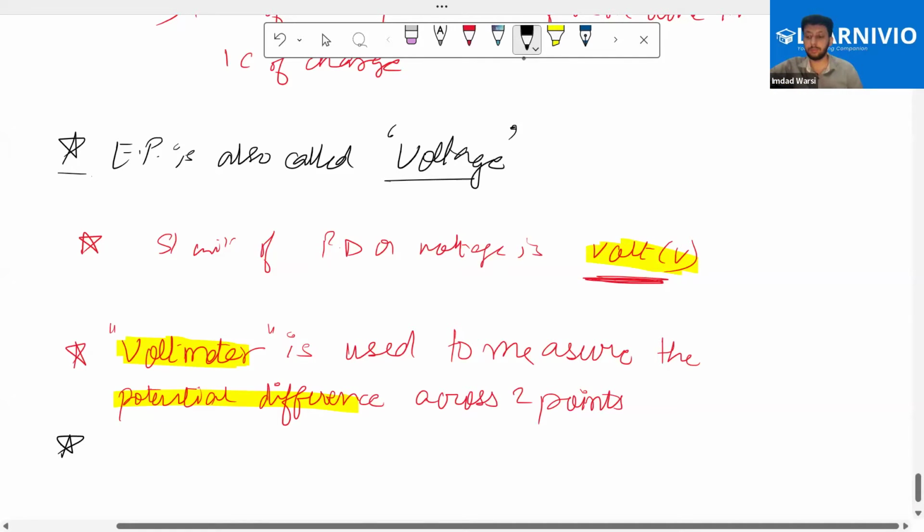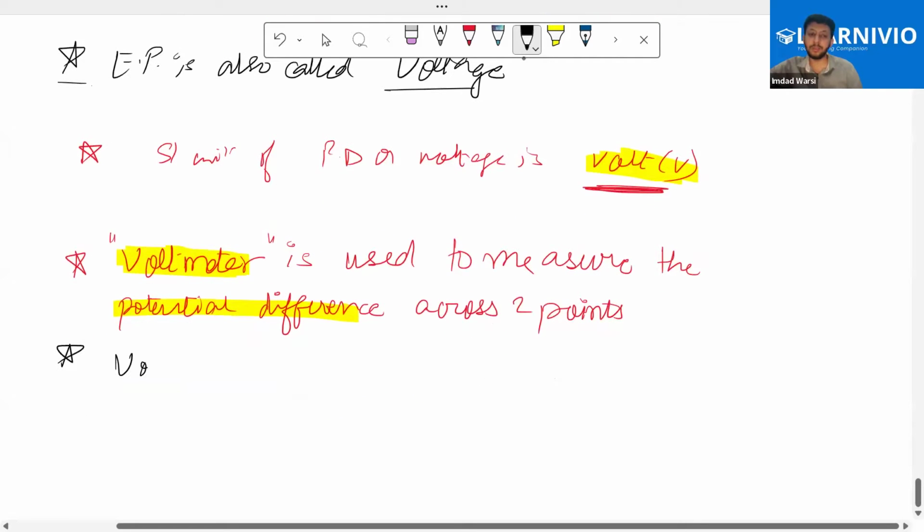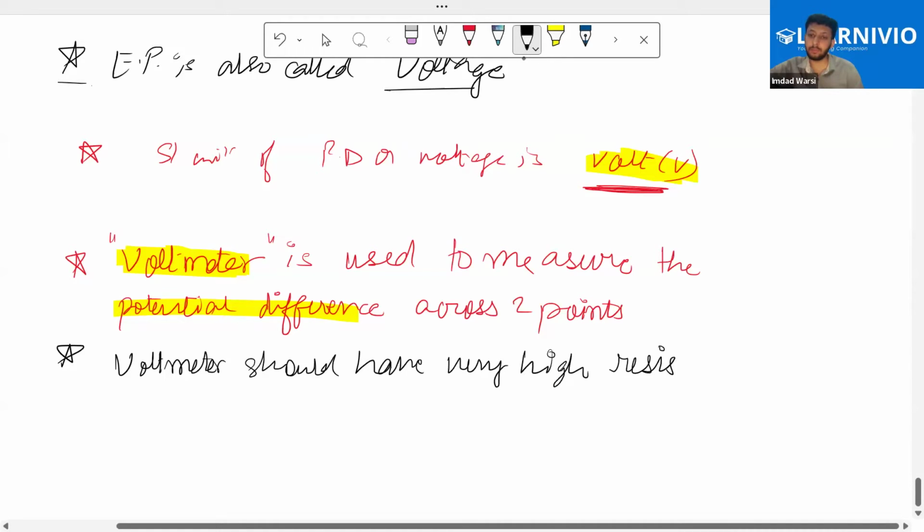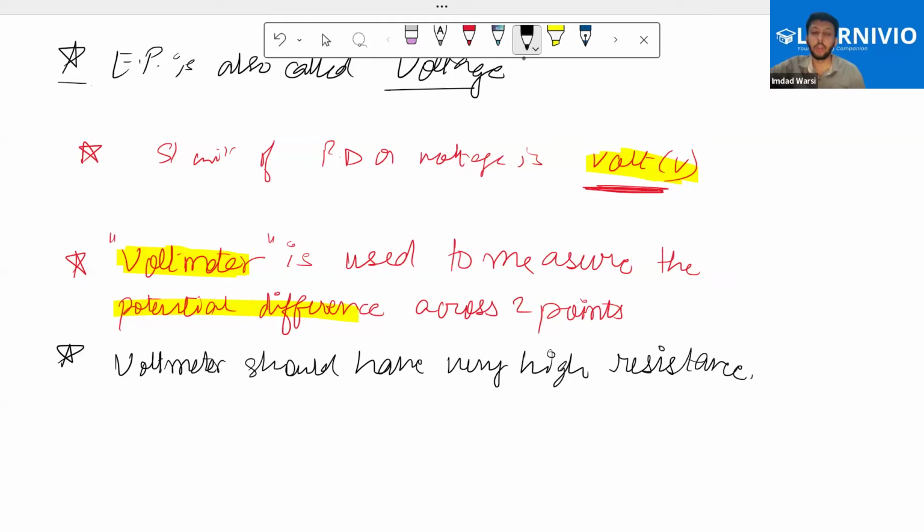Voltmeter should have very high resistance. The instrument that we are using to measure the potential difference, that is the voltmeter, should have very high resistance.